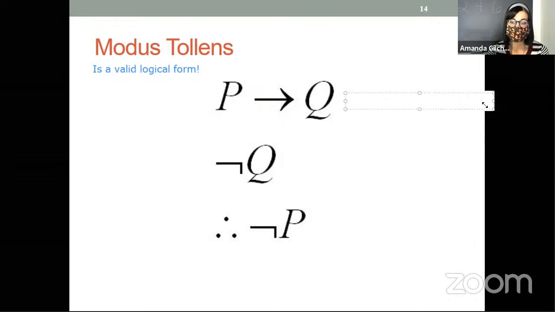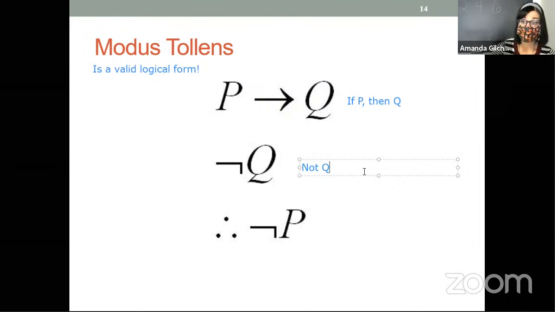This is in a slightly different form. So this says if P, then Q. Okay, now here's where it gets interesting. This is a special signifier that says not Q. So this says not Q. So these are our two premises.